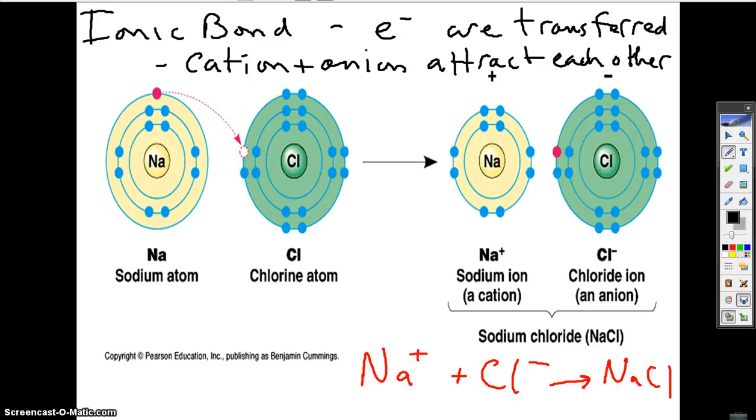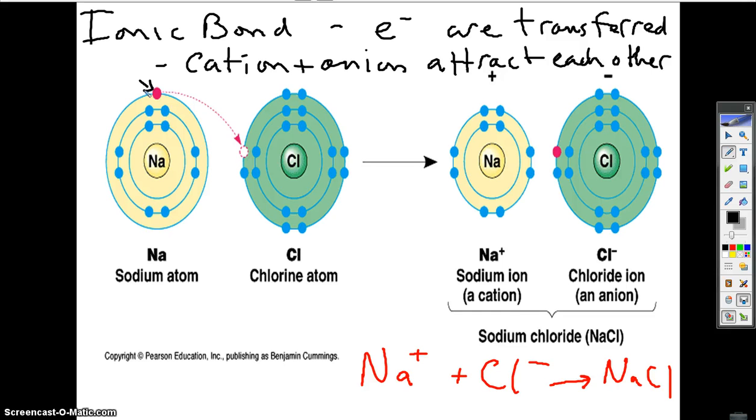So in the case of sodium, sodium has its one valence electron that it really doesn't have any interest in keeping, because if it removes it, it has an octet underneath. And chlorine has 7 valence electrons. It would really like to gain one, so there is a transfer from sodium to chlorine.